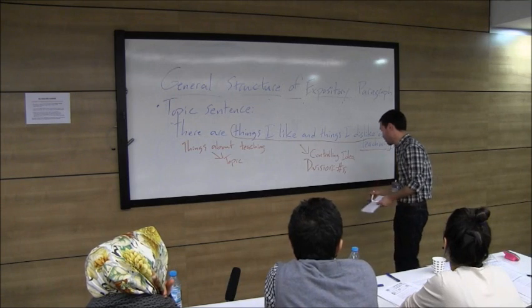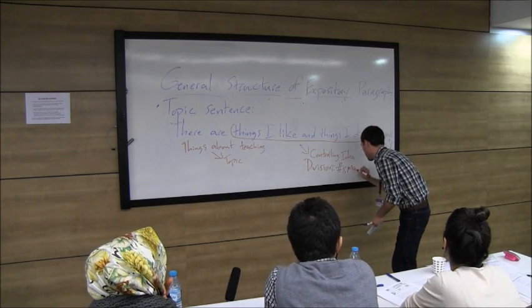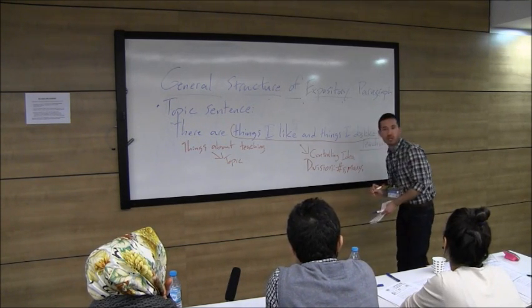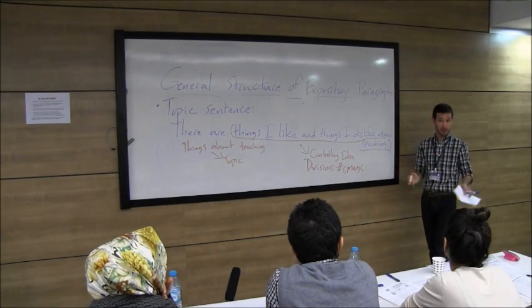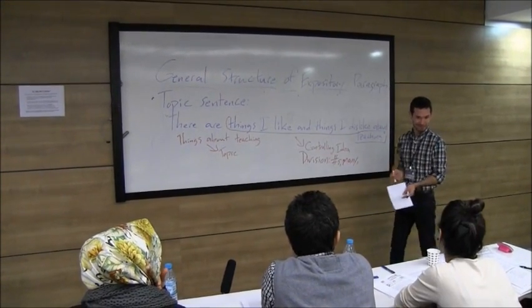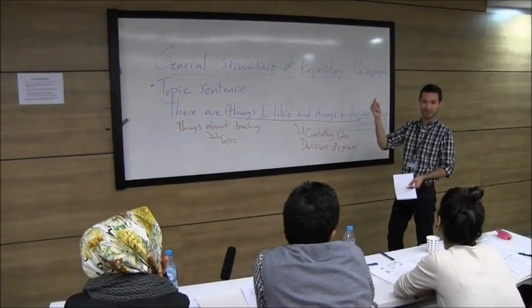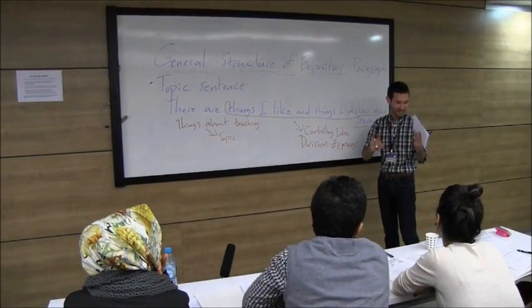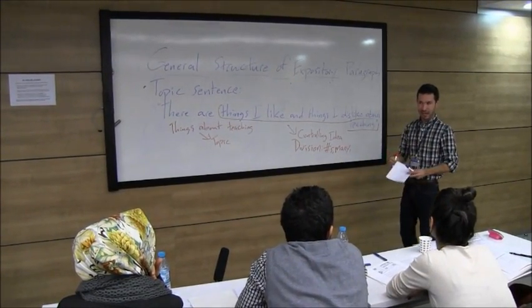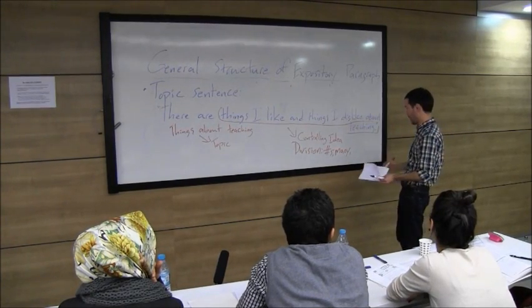Okay? If we see something like many, there are many reasons I dislike teaching. Okay? And I'm going to tell you reason 1, 2, 3, 4, 5, 6, 7, 8, 9. 9 reasons, okay?